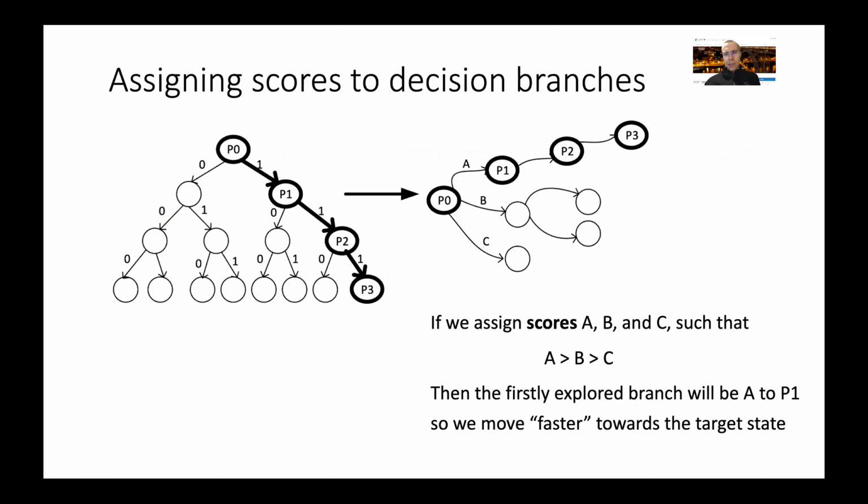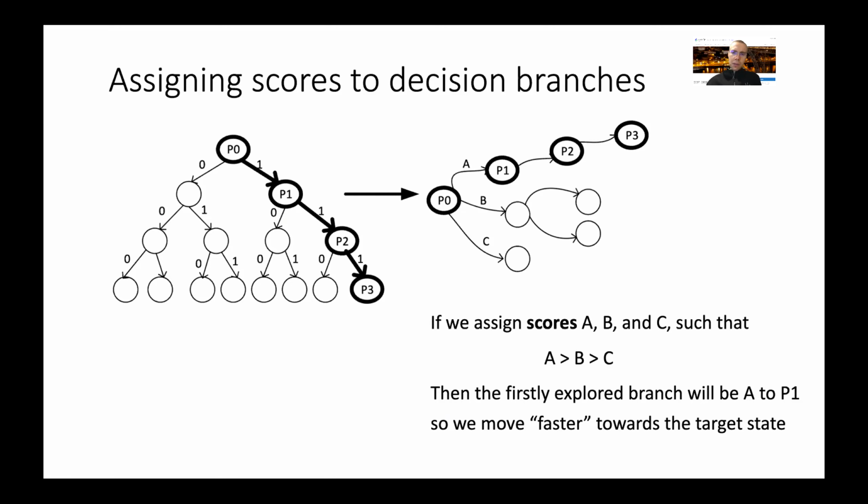If we assign scores to the actions that we take, for example, if we assign score A for moving from state P0 of the program to state P1, and this score would be higher than all the other branches, all the other decisions that we take at that point of the tree, then it will make a faster execution towards the area that we target, the instruction that would cause the problem.